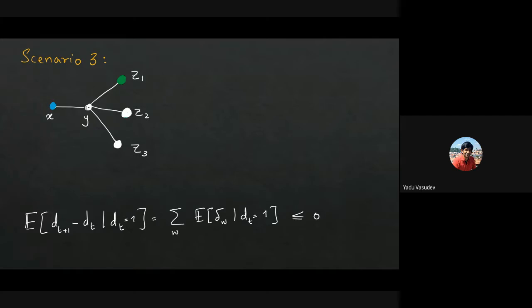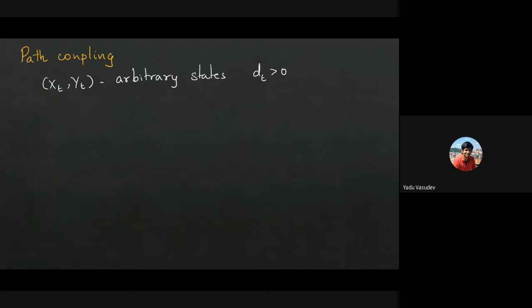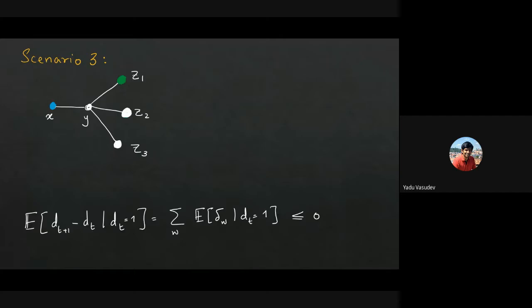Whenever there is a term which is increasing, there's a corresponding term that will decrease. Then there are other terms that it might decrease. When you looked at scenario 1, there are cases where it will actually reduce. So therefore, this expected value is at most 0. Which basically means that the expected value of dt plus 1 given dt is equal to 1 is at most dt.